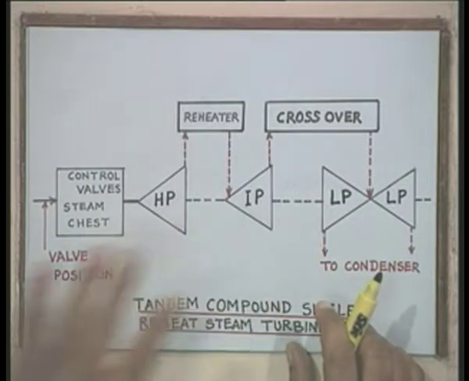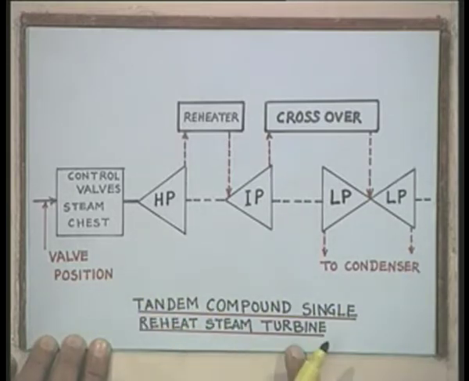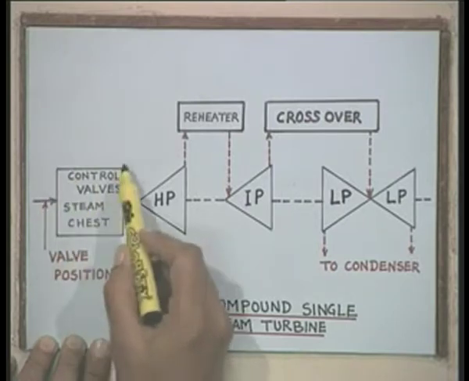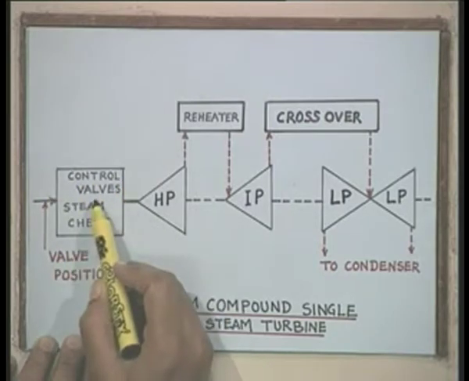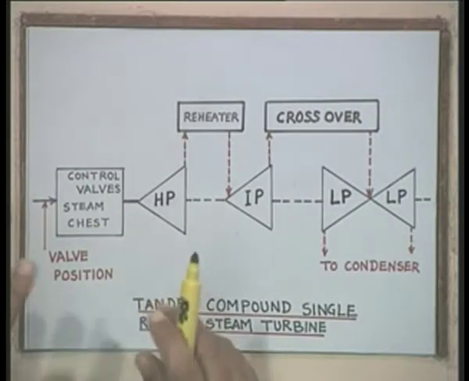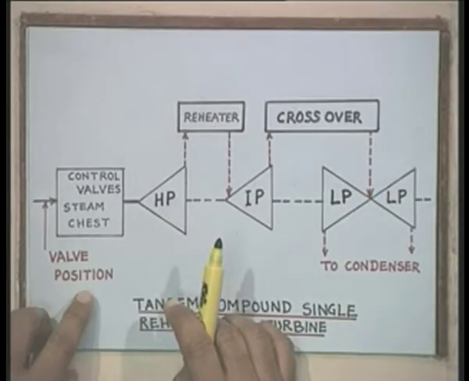Here, the basic blocks in this tandem compound single reheat steam turbine are the control valves and steam chest, and the position of the control valve is adjusted by the governor. The governor or speed control mechanism will be adjusting the position of the valves.